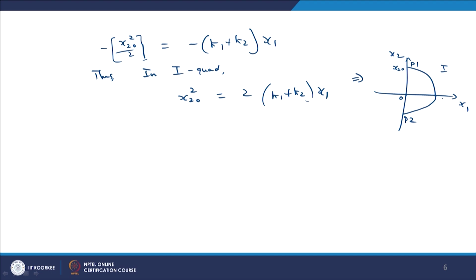So, now what we have observed is x2 naught square equal to 2 times k1 plus k2 into x1. Similarly, in the second quadrant, with the similar procedure we have x21 square equal to 2 times k1 minus k2 into x1.